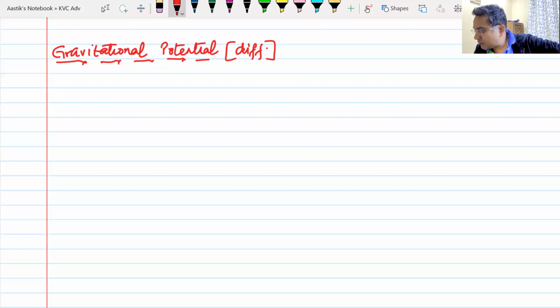What is defined is the difference in gravitational potential, or the change in gravitational potential. So you must remember this: the absolute value of gravitational potential is not defined.